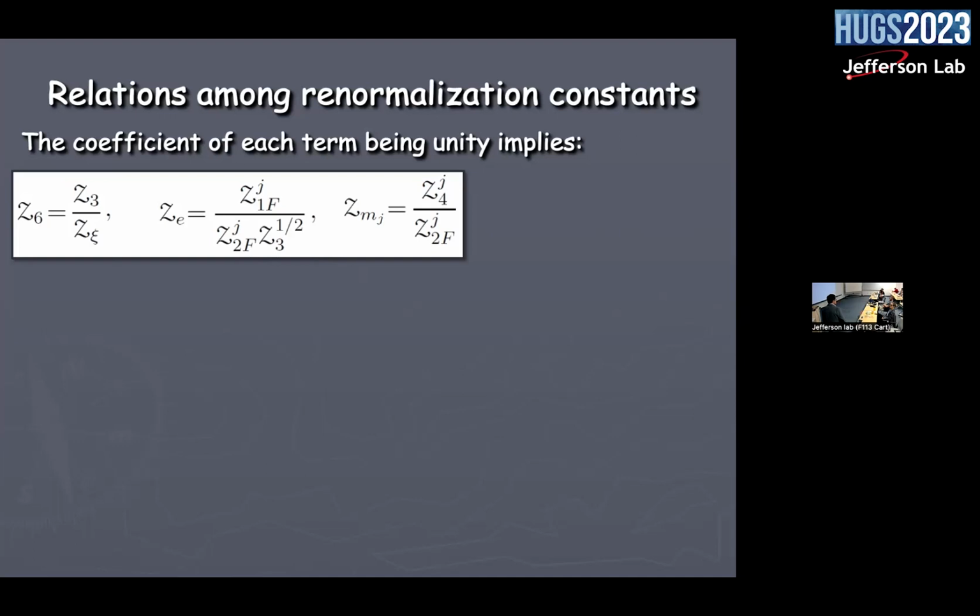What we will find interesting and useful and actually quite simple in quantum electrodynamics is that for our purpose, we can just focus on this one. This ZE is what renormalizes the charge.